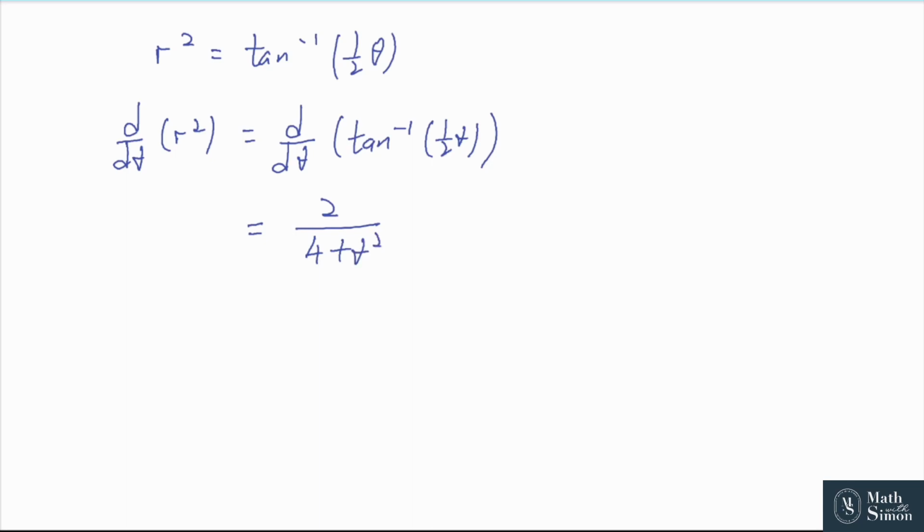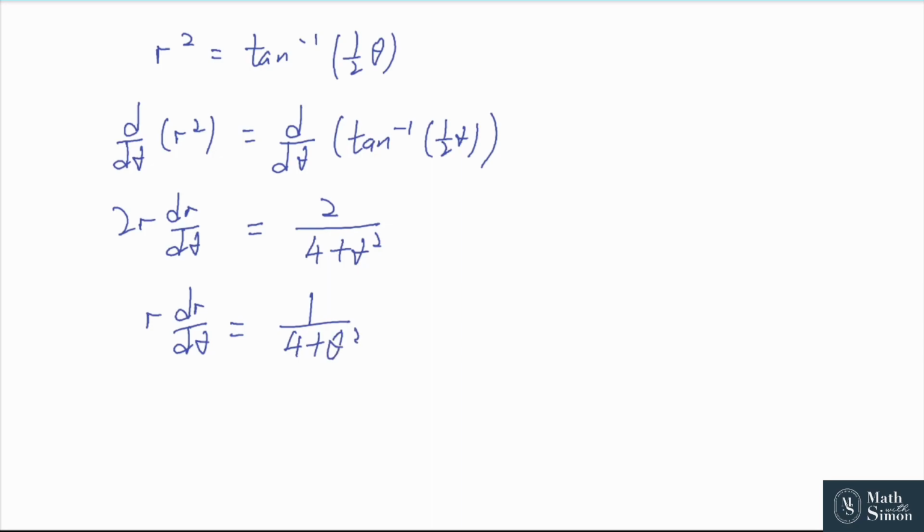For the left hand side, it's to differentiate r squared with respect to theta, so this is implicit differentiation. We get 2r dr d theta. Of course, there's a 2 that we can cancel conveniently. So this is the result that we get for r dr d theta.